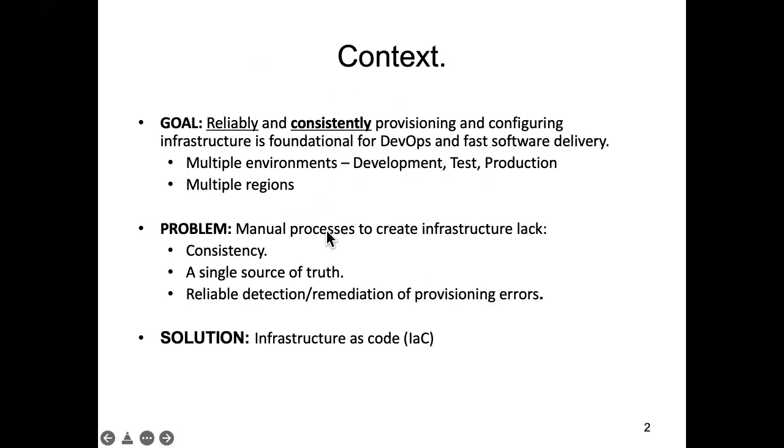So the context, as I said, is we want a way of provisioning infrastructure for our application. And whatever way we go about doing that, we'd like to be able to do it in a way that is reliable and consistent. And the reasons for that, apart from the obvious, are we may need to provision the infrastructure multiple times.